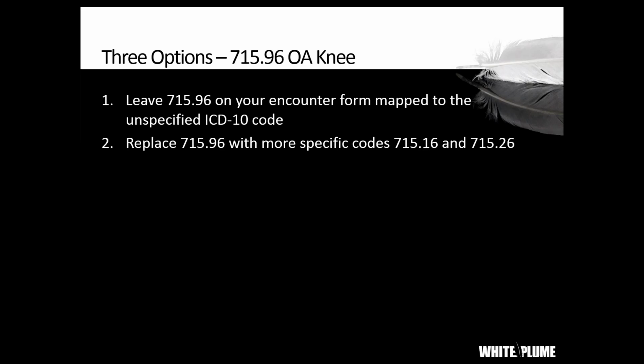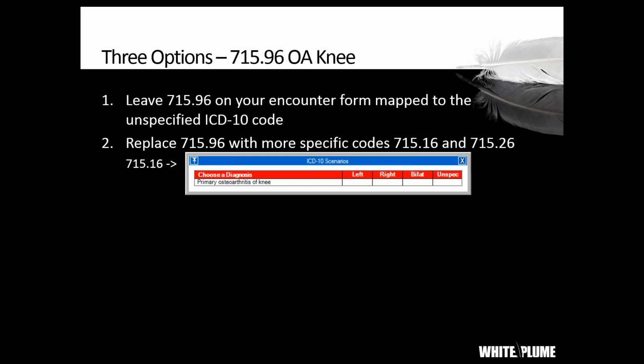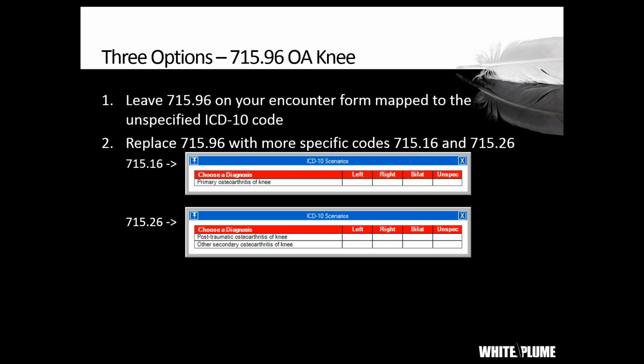Option number 2 is I'm going to replace that unspecified code on my form with the more specific ICD-9 options. 715.16 for primary osteoarthritis of the knee, 715.26 for secondary osteoarthritis of the knee, and you'll see the custom scenarios that go along with those codes are more specific.